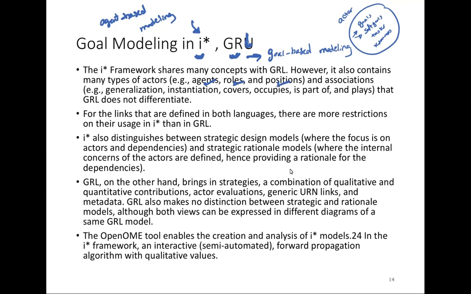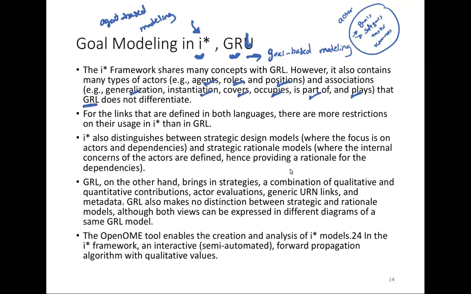The associations or relationships in the hierarchy represent either generalization, instantiation, covers, occupies, or even is part of and plays relationships, whereas the GRL does not differentiate between those types of relationships.